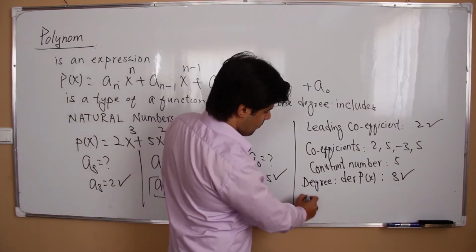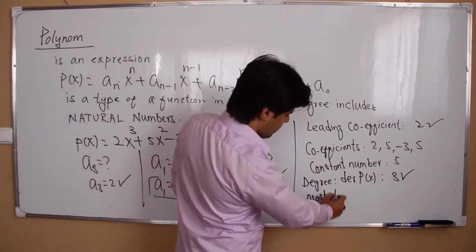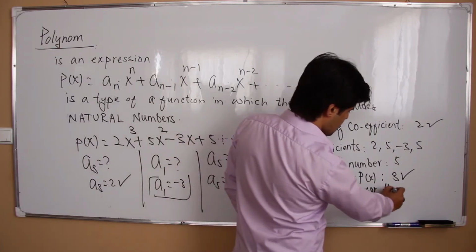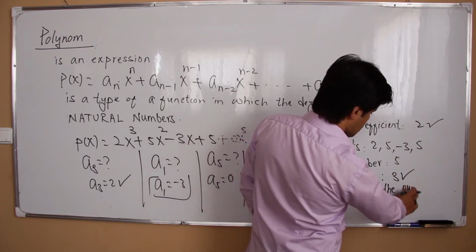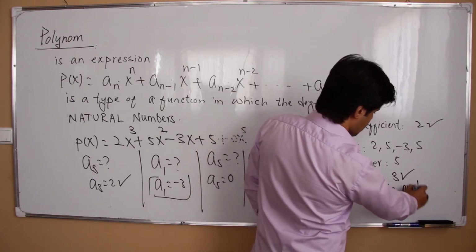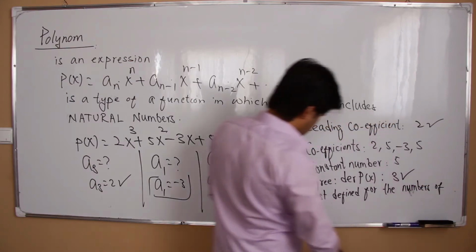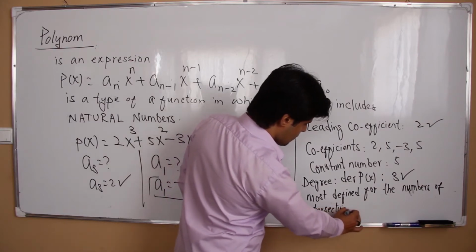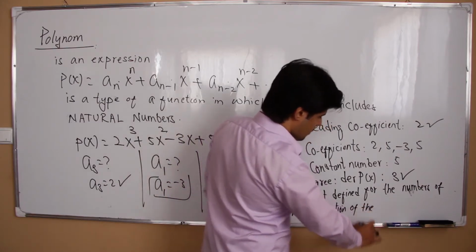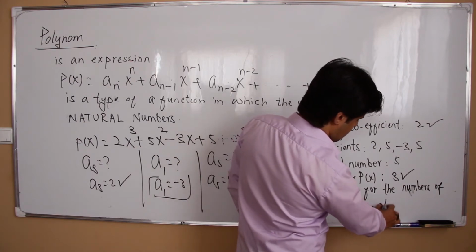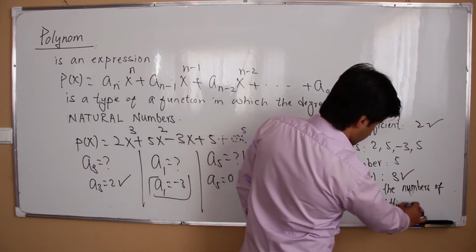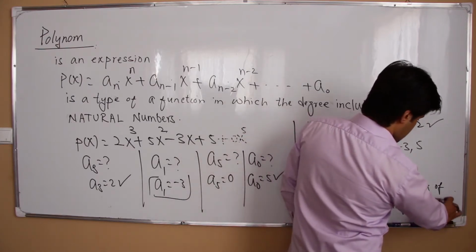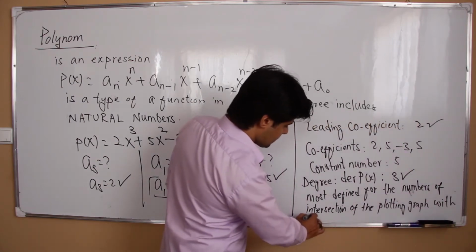The degree is mostly defined for the number of intersections of the plotted graph with the x-axis.